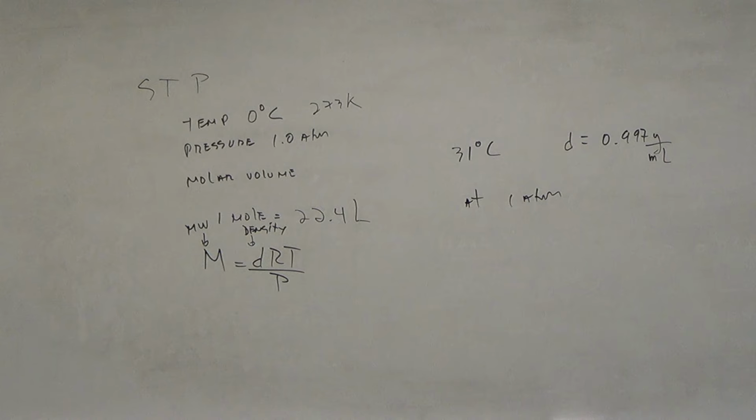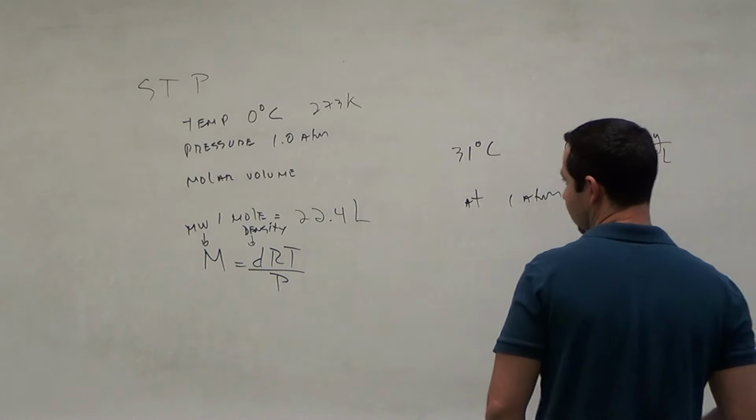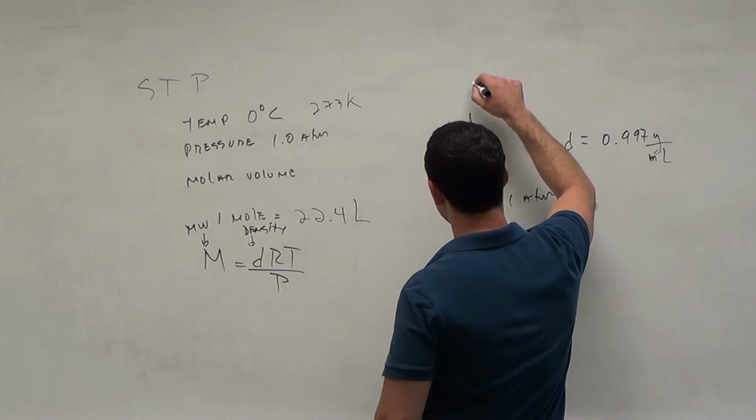That is the problem. Now you have to find a solution. We're looking for molecular weight. Okay, guys, what do I have to do to this? Change it to Kelvin.